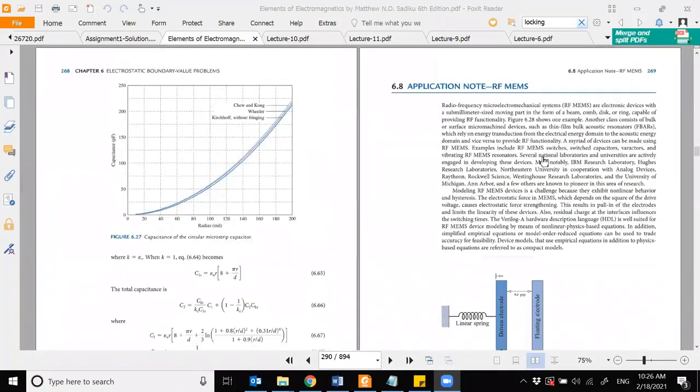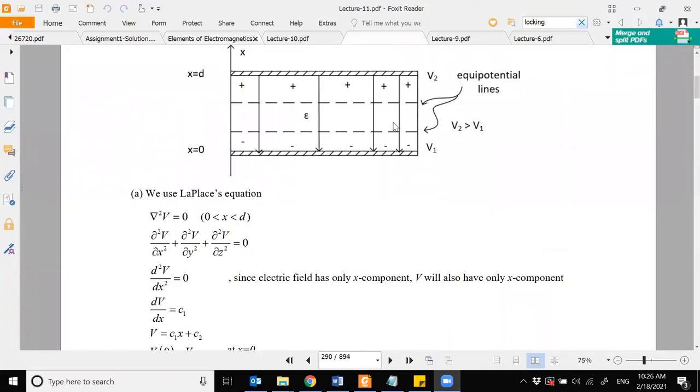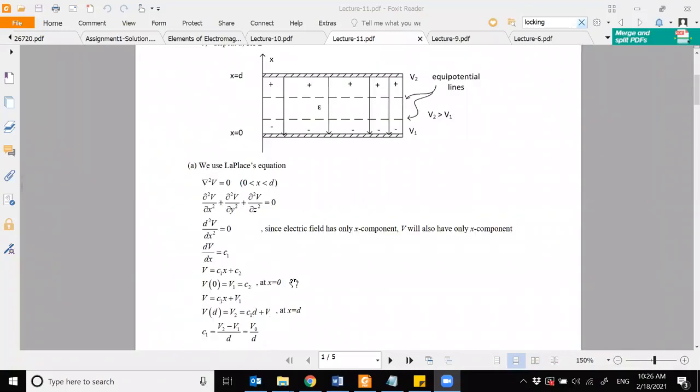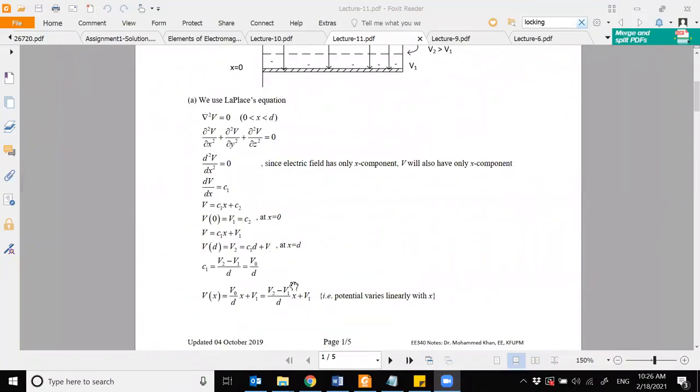Okay. So this is how, based on our experience, we can eliminate variables. Why did we choose the Laplacian equation for this example?